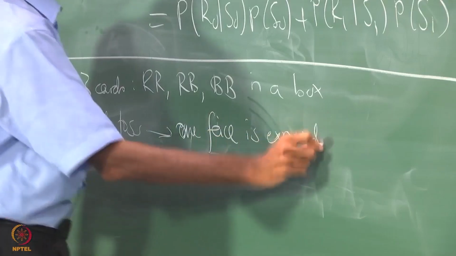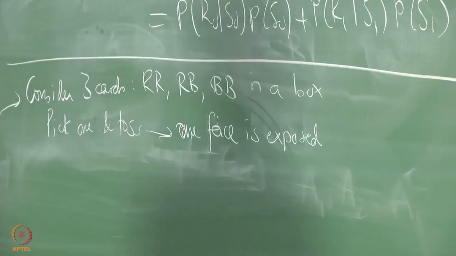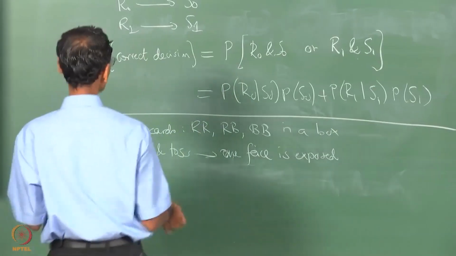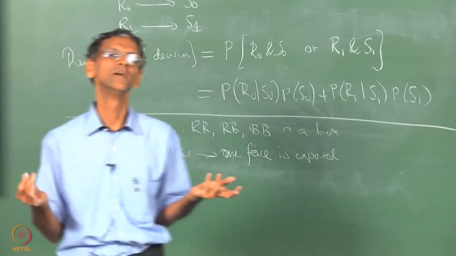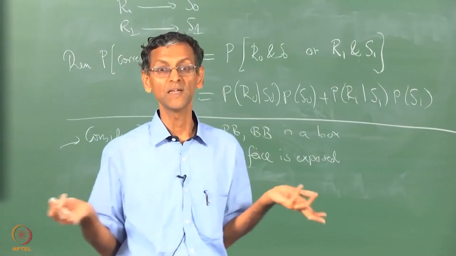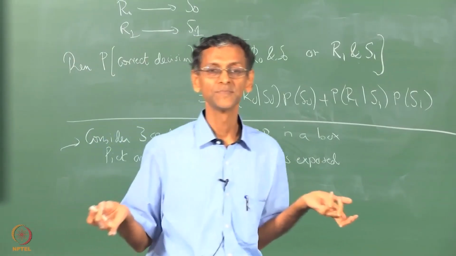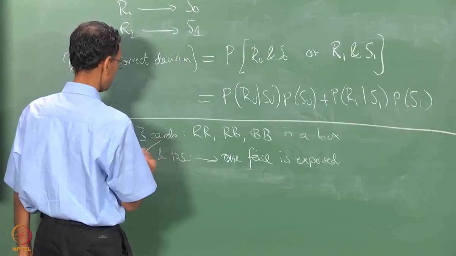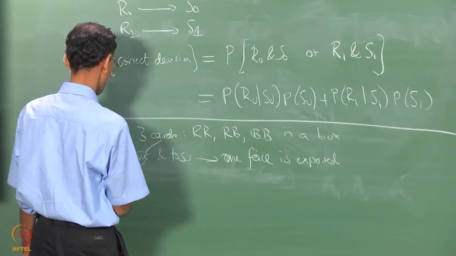The exposed face is going to be either R or B, there is no other possibility. So supposing R is exposed, what is the probability the other side is B or R? Pick one card and toss, one face is exposed.